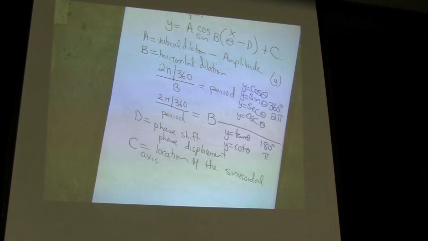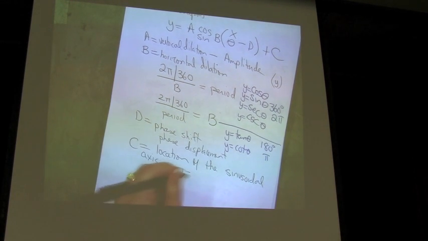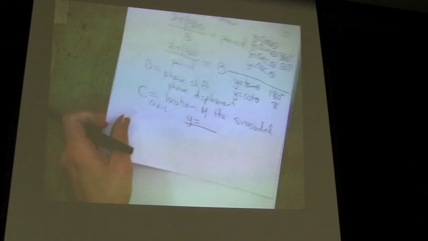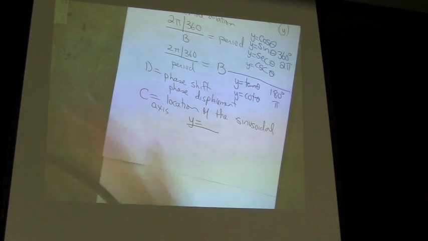Whenever you tell us about the sinusoidal axis, since it's an equation, it's always y equals. So if we ask you what the sinusoidal axis is and you say it's 5, that's not right. It's y equals 5.